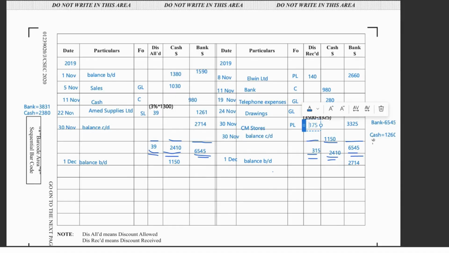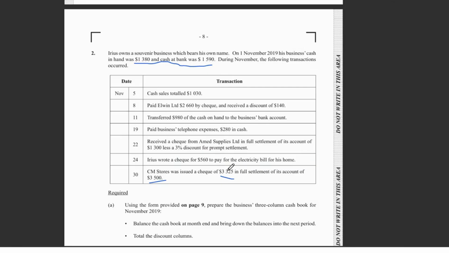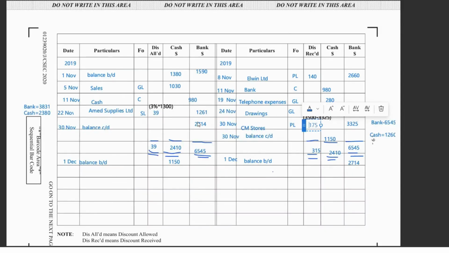Now, since we are the persons paying CM Stores, because it says CM Stores was issued a check, right? So we gave CM Stores a check. So therefore, we're making a payment to CM Stores. So it goes on the credit side of our account. The 30th of November, CM Stores would be our particulars.